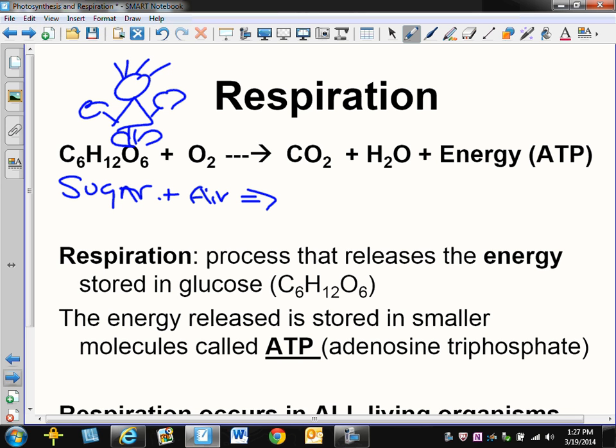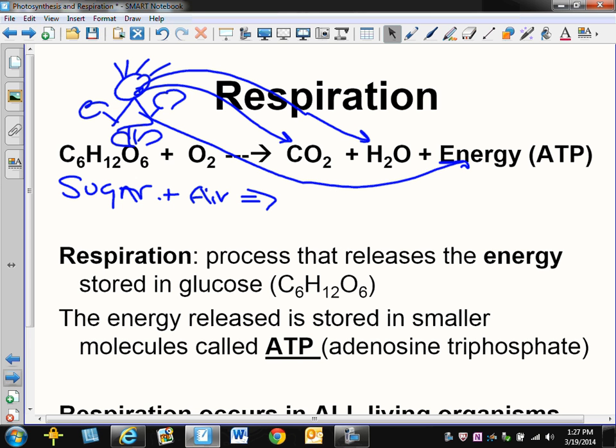This is going on in us, not in a plant. When we breathe out, we're breathing out CO2. We're breathing out or sweating H2O, and we are using the energy. Our cells are using the energy.